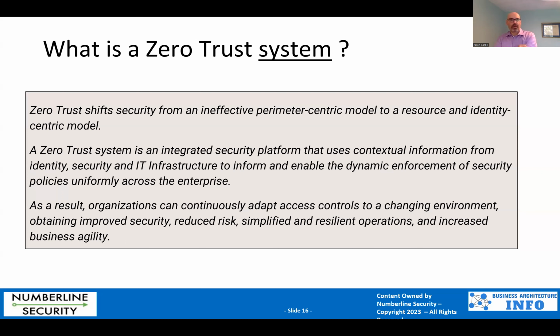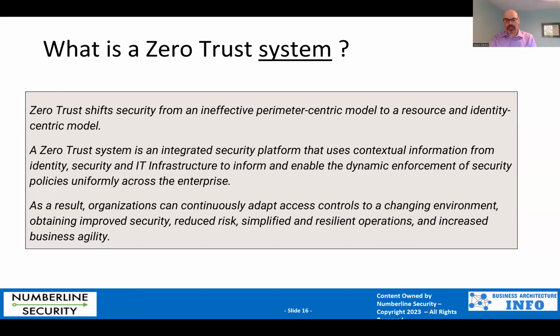Not uniformly in the sense that everyone or everything gets the same access, but that you've got this holistic system that can enforce policies locally based on the identities and based on the attributes of the resources being accessed.